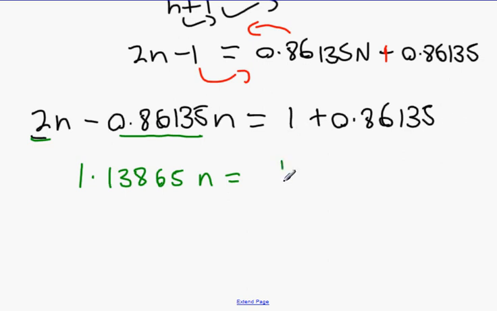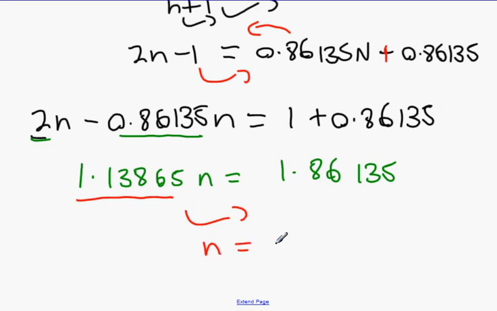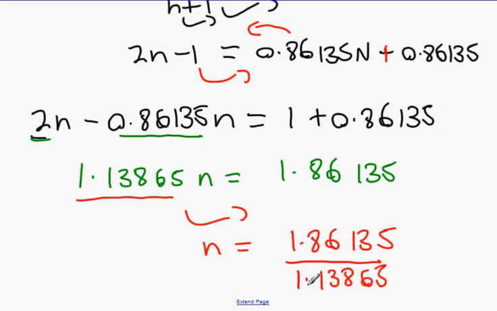Now guys, what is the two of them added together? That's going to be 1.86135. Finally, bring this underneath and divide it. And you're going to get n equals 1.86135 divided by 1.13865.